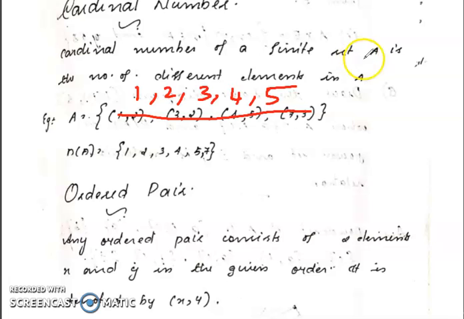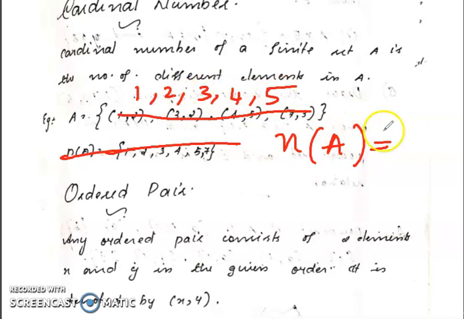The cardinal number of a finite set is the number of different elements. So what is N of A? The number of different elements: 1, 2, 3, 4, 5, so 5 elements are there. So N of A is 5. That is the cardinality of the given set.